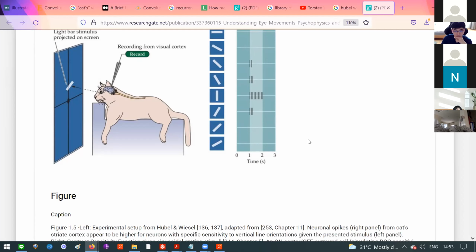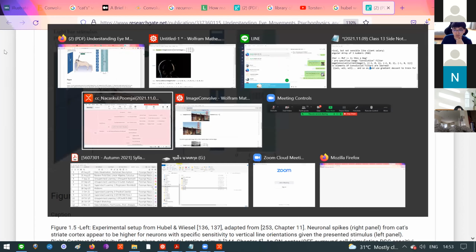So it detects a vertical line wherever it appears. If there's a vertical line on the top left corner of the picture, it would find it because it pools together.